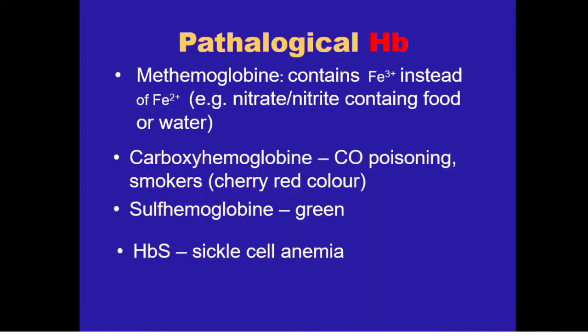Other forms of pathological hemoglobin you can see here. It's, for example, methemoglobin, carboxyhemoglobin. Look, carboxy, not carb. Carbhemoglobin is normally combined with CO2. During CO poisoning, or in smokers who obtain this with the smoke, the quantity of carboxyhemoglobin can be increased.